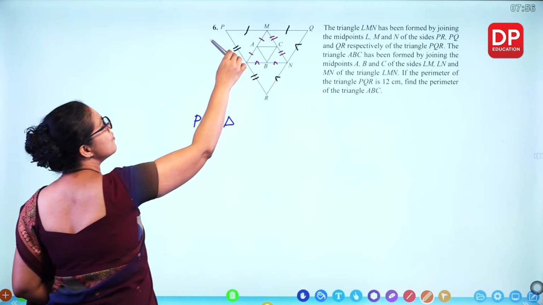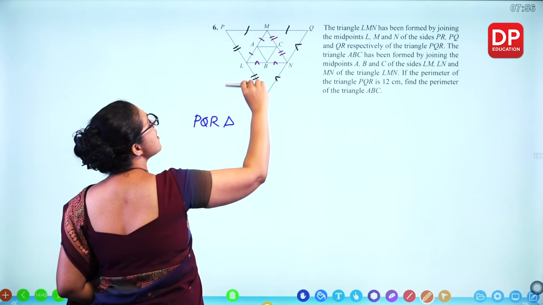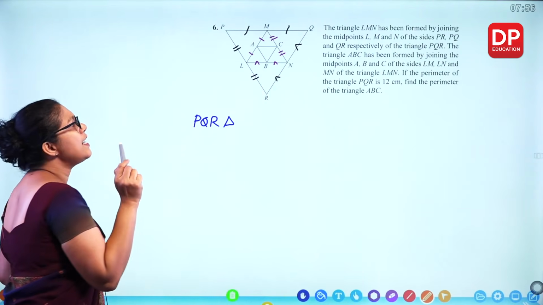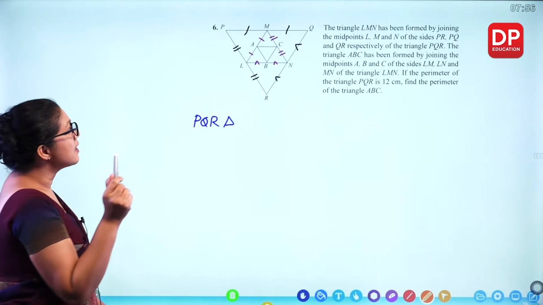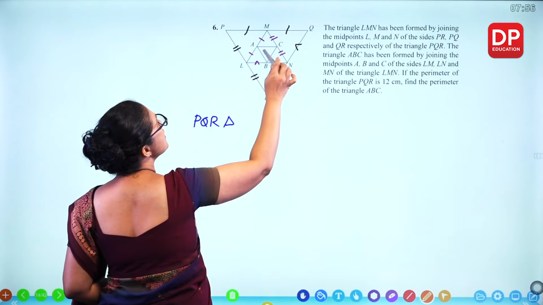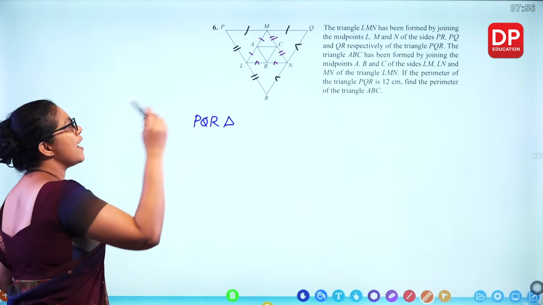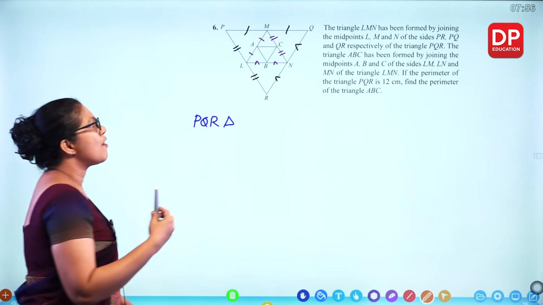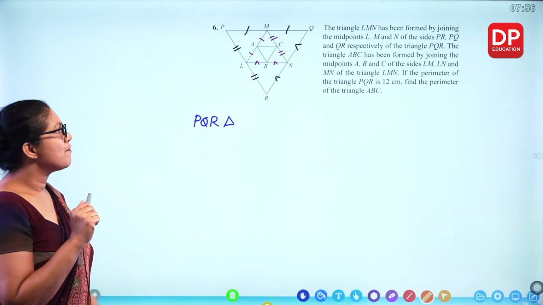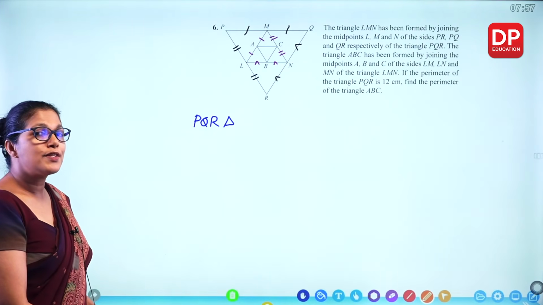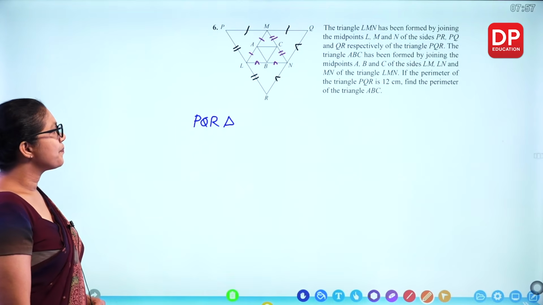Half of PR. When you take the MLN triangle, again joining midpoints, what can you say about the ABC triangle? Half of that. So AB is also half of that. So we can find out easily the perimeter of ABC using the midpoint theorem.